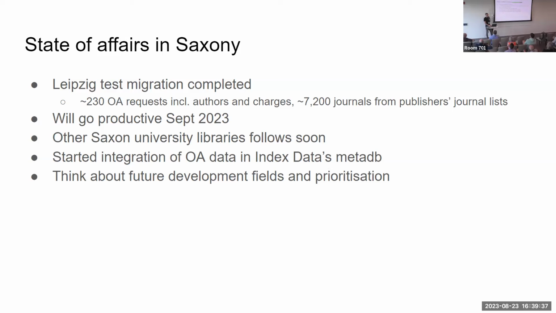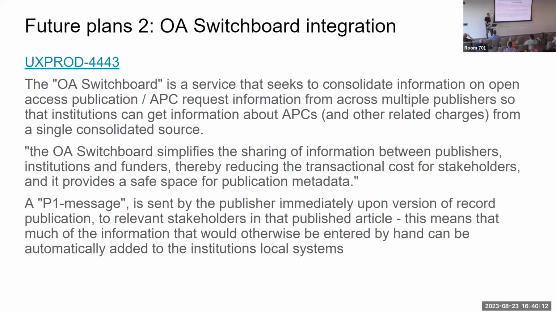But we have completed the test migration and migrated 230 open access requests from these Excel sheets, including authors and charges, and a colleague of mine set up an import with 7,200 journals from the publishers' journal lists. We hope we go productive soon, and other libraries will follow us soon.